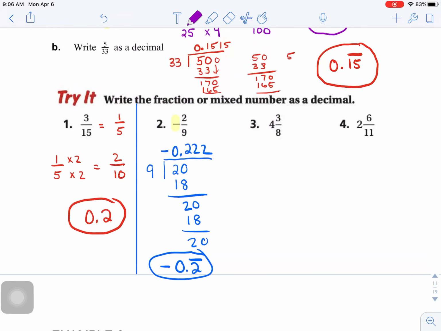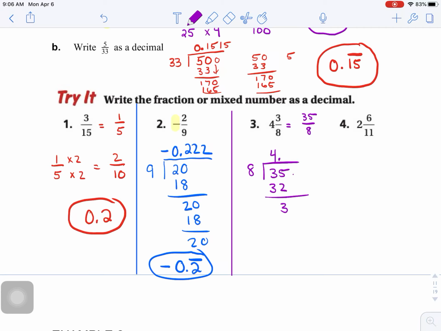Same idea for the next one. 4 and 3/8 does not divide nicely. I'm going to change that to an improper fraction first. So that would give me 35 over 8. So if I divided, 8 goes on the outside, 35 goes inside, and 8 goes into 35 4 times. That would give me 32. Subtract, we get 3. 8 does not go into 3.